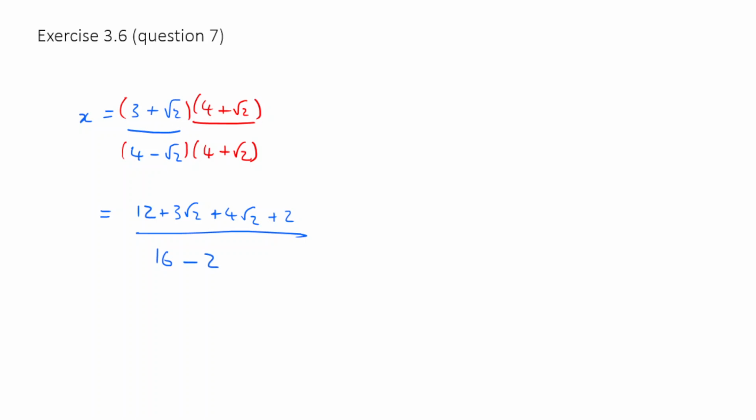And then minus 2. So if I simplify this, I'm going to have 14 plus 7 root 2 divided by 14. And when I just divide top and bottom by 14, I will get 1 plus a half root 2, or root 2 upon 2. And that's my final answer.